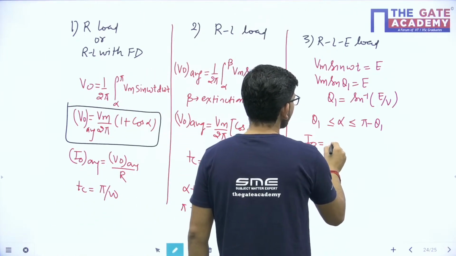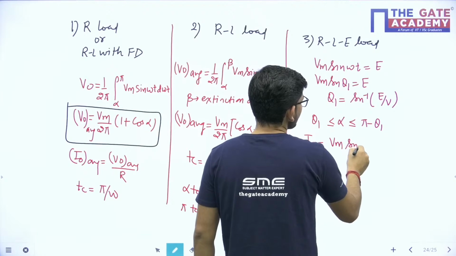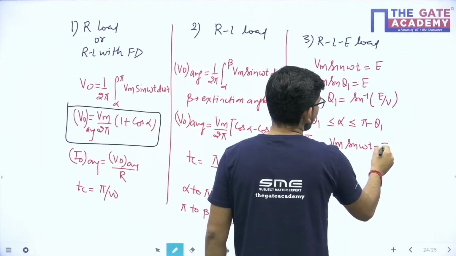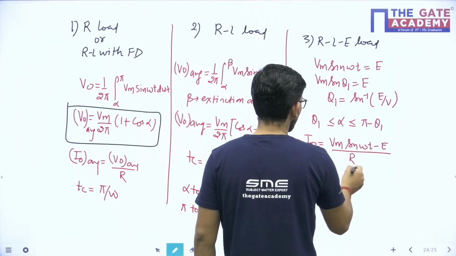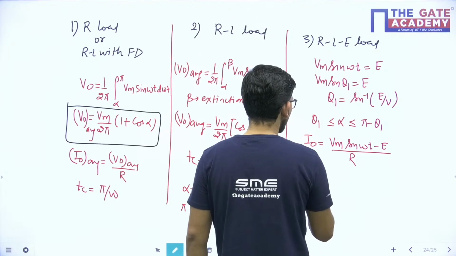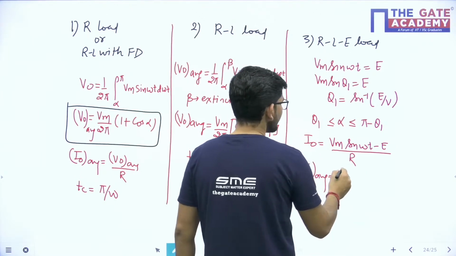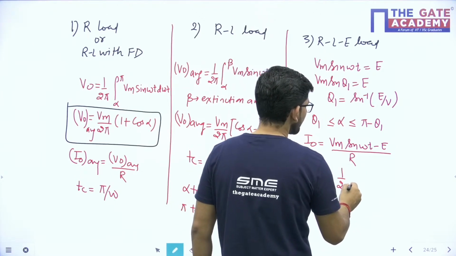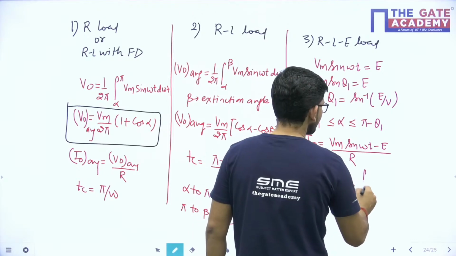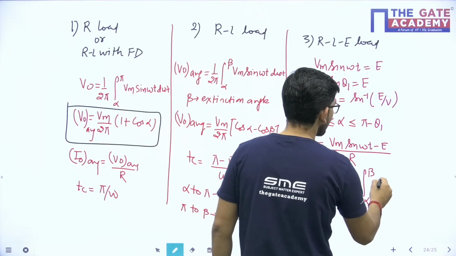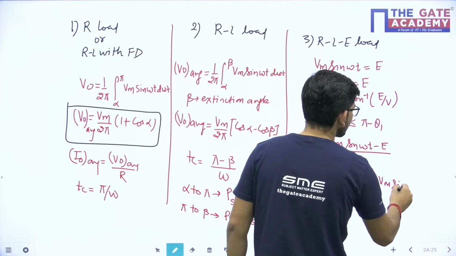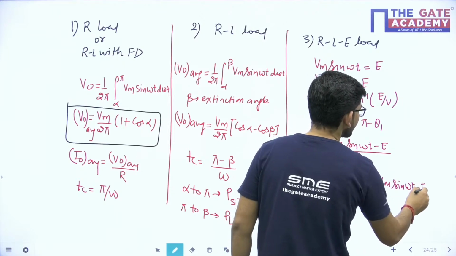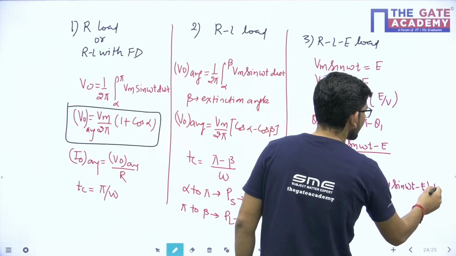I naught is given by (Vm sin omega t minus E) upon R. So what will be the average value of I naught? I naught average will be equal to 1 upon 2 pi R, integral from alpha to beta of (Vm sin omega t minus E) d omega t.